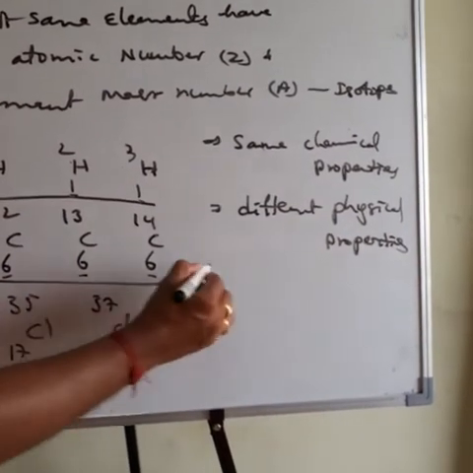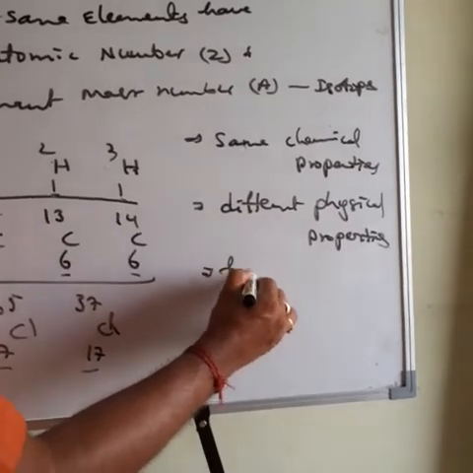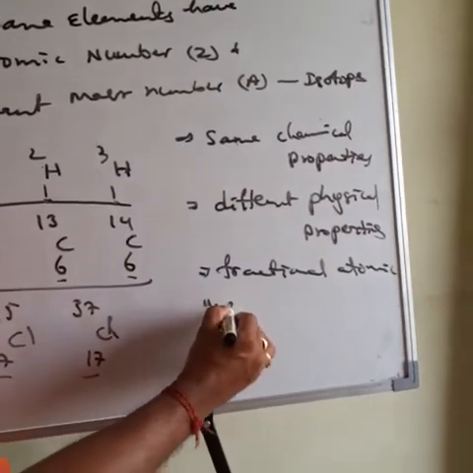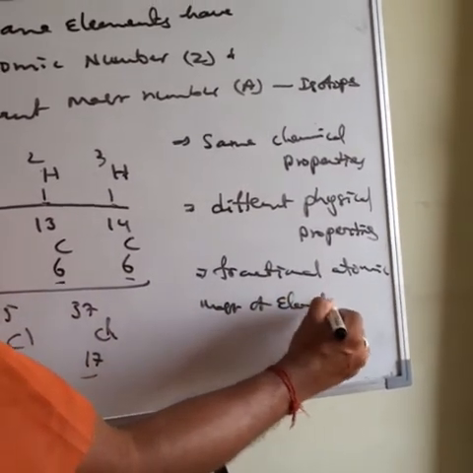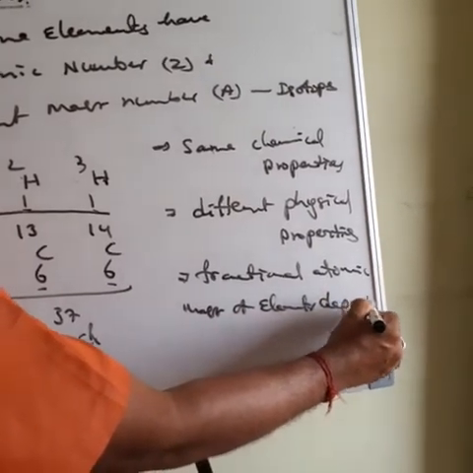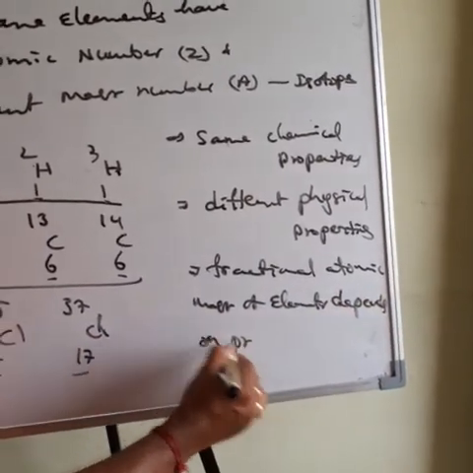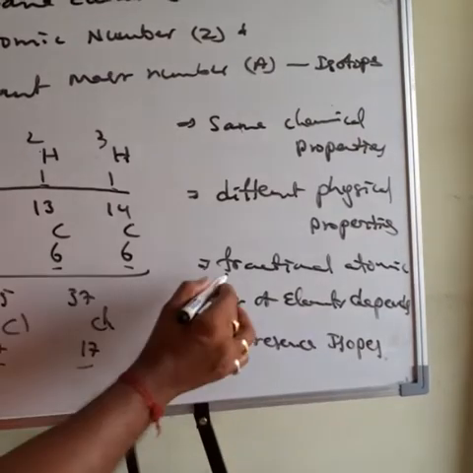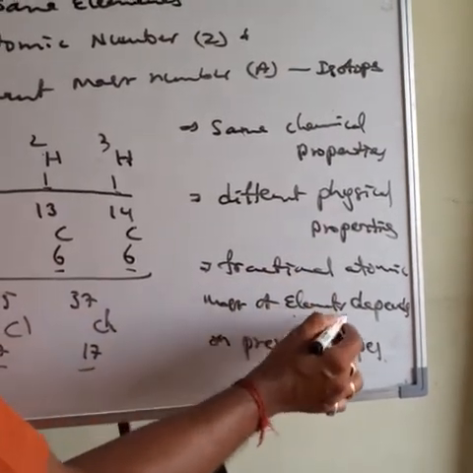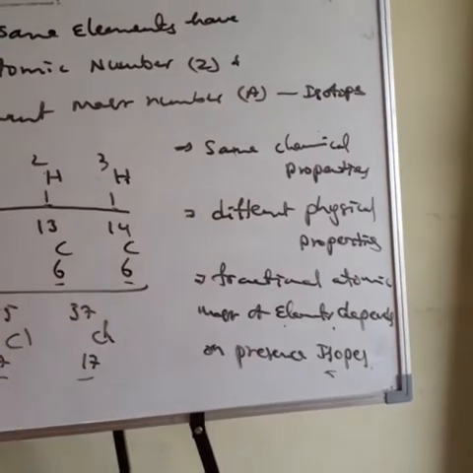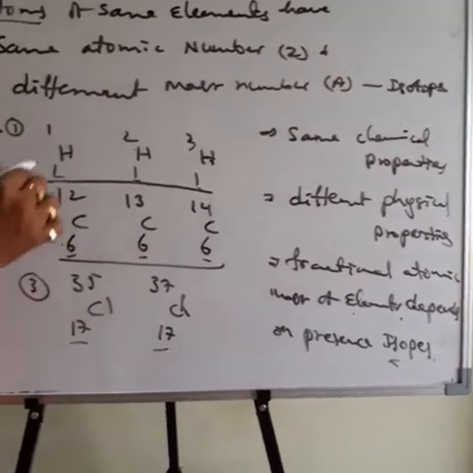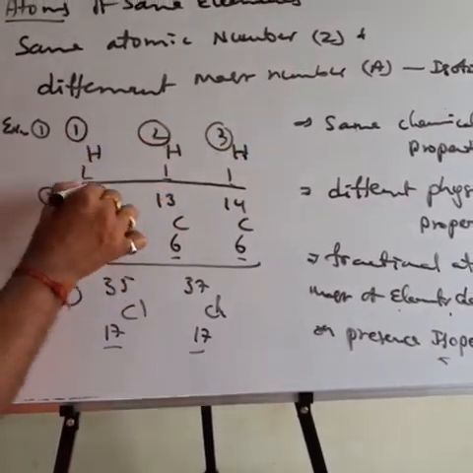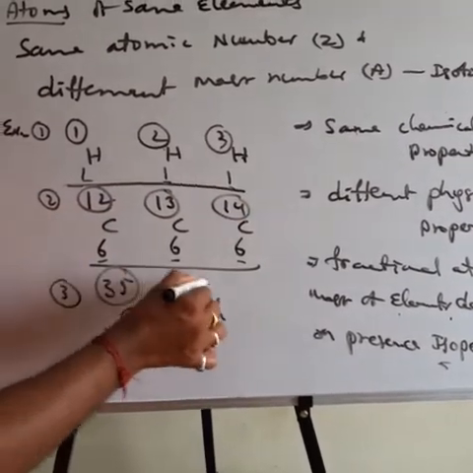Then the next point, a very important point: the fractional atomic mass of an element depends on the presence of isotopes. Fractional atomic mass of an element depends on the presence of the isotopes. Generally in all these isotopes, the atomic mass we see is 1, 2, 3, 12, 13, 14, 35, 37.